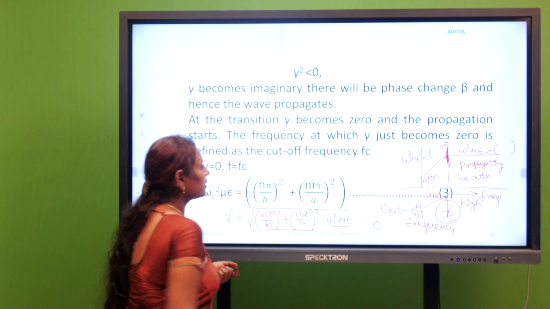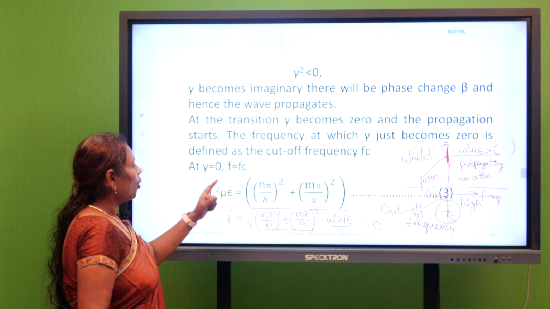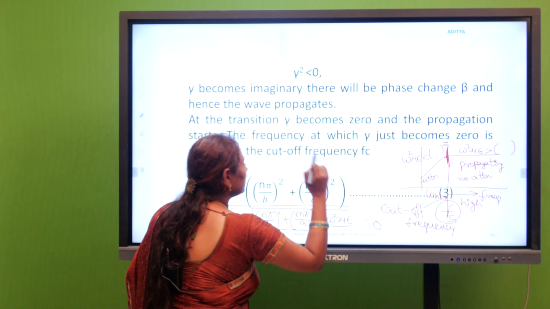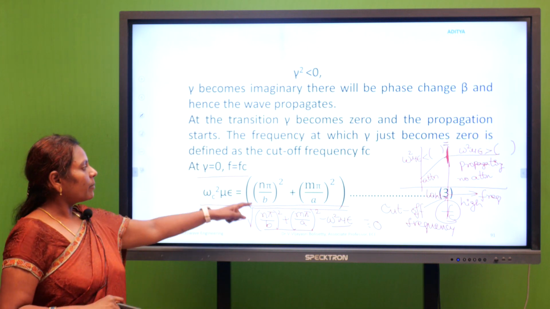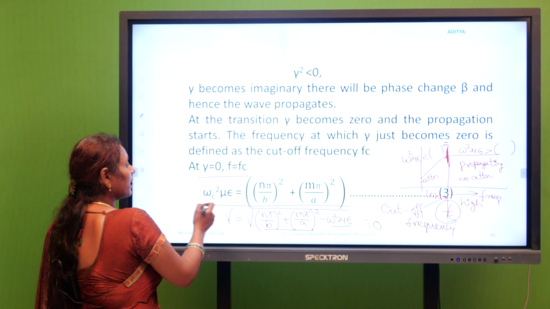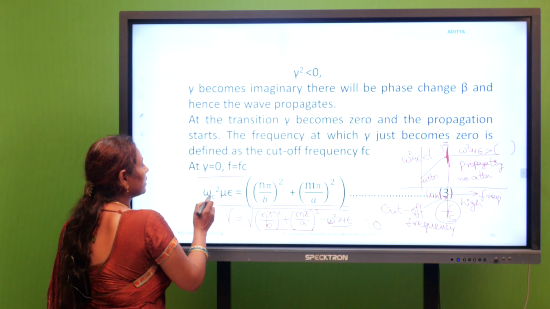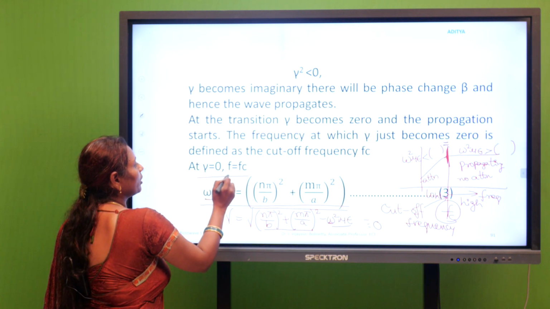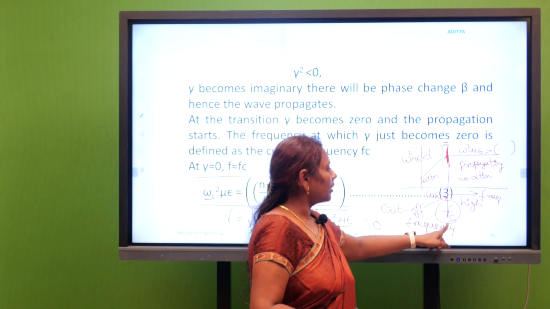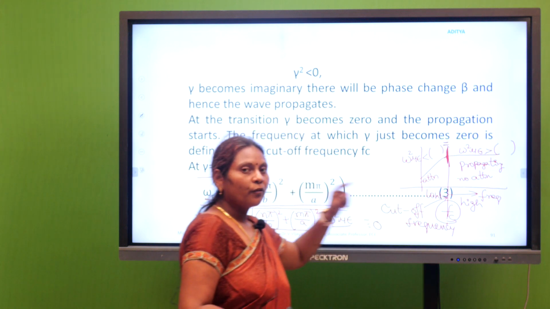0, and this gamma will be equal to 0 only if omega square mu epsilon is equal to (n pi by b) whole square plus (m pi by a) whole square. In that case this omega is nothing but omega c, because at the transition we call that frequency the cutoff frequency.